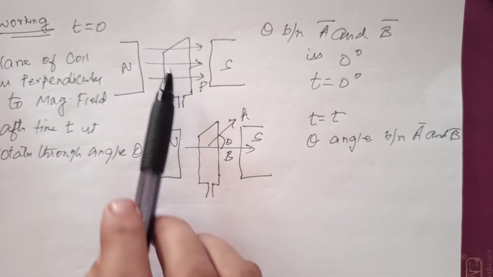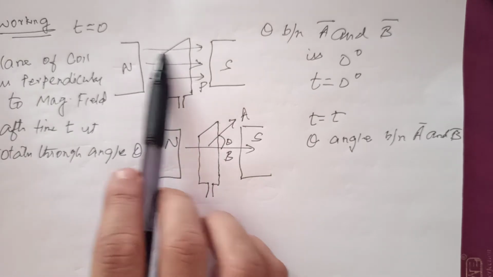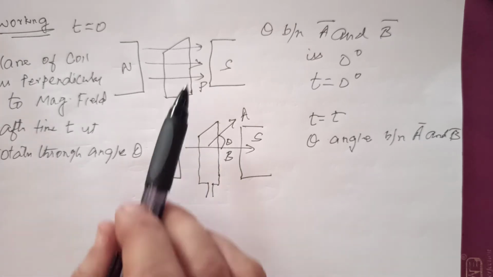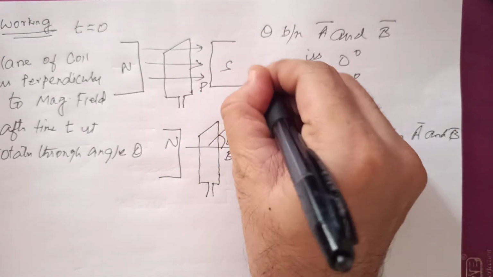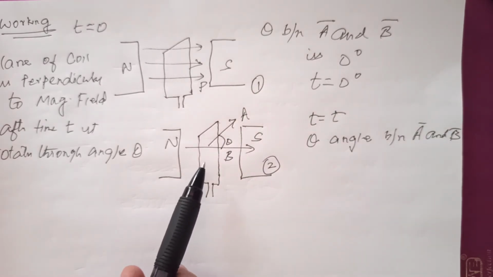Okay, now if it is perpendicular initially, let's start from there. After time t, it rotates, as you can see in diagram number 2. This is diagram number 1, this is diagram number 2. It rotates by an angle theta.